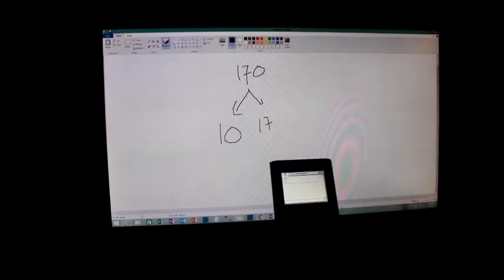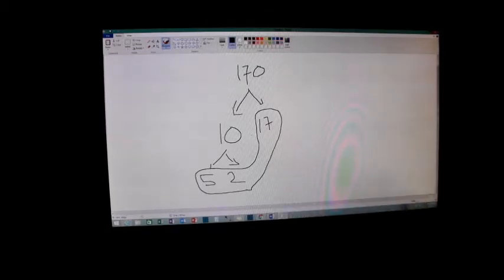What are two numbers that multiply to equal 10? 5 times 2 equals 10. That's the answer because they're all prime. So we have to list them from least to greatest. So it's 2 times 5 times 17. That's the answer.